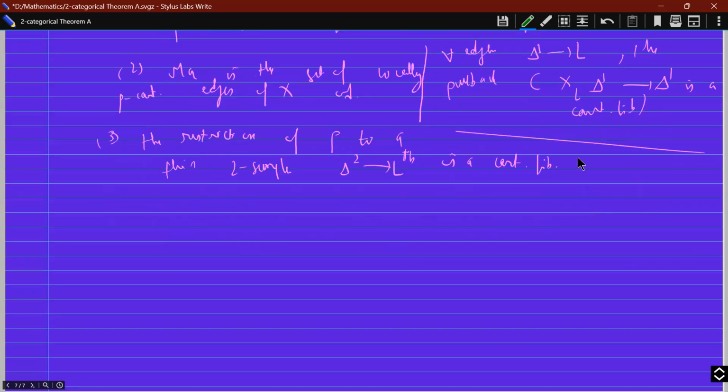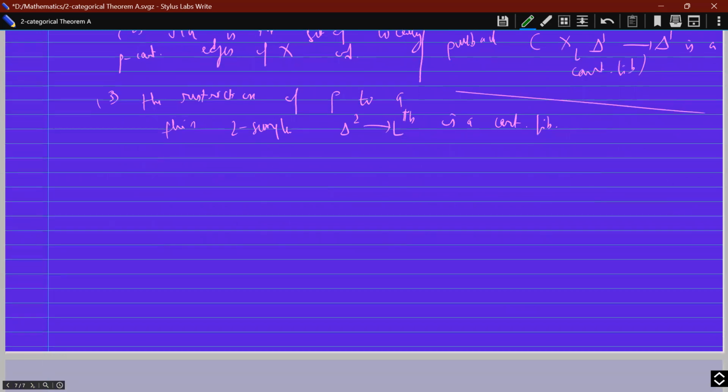So now we are in a position to define a relative nerve. Let me start with some notation first. We take J, a finite linearly ordered set.